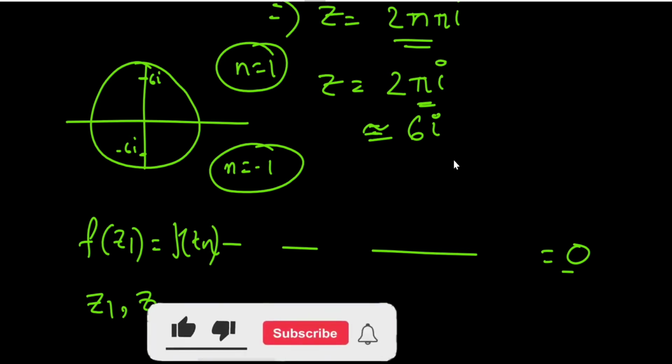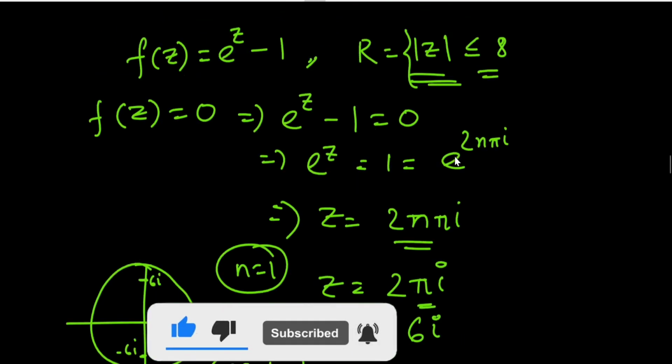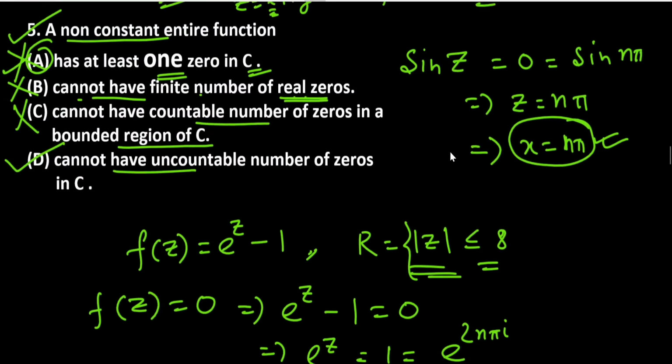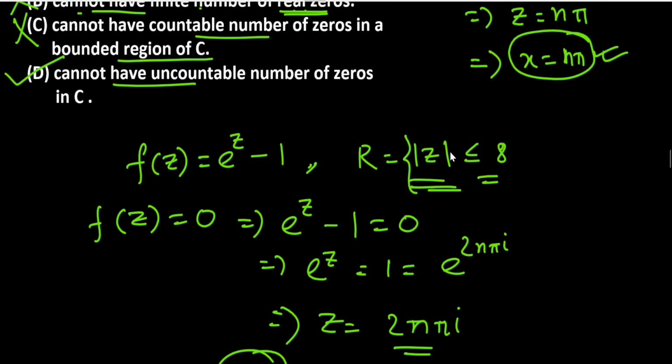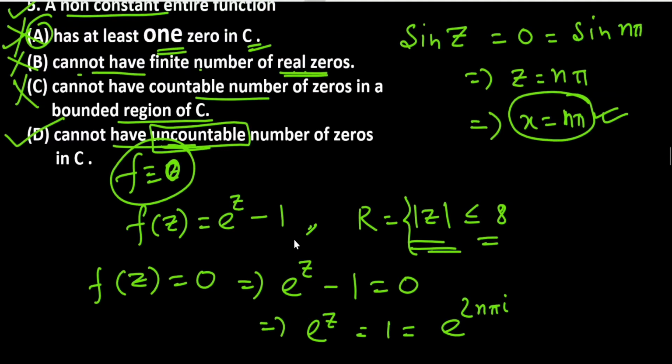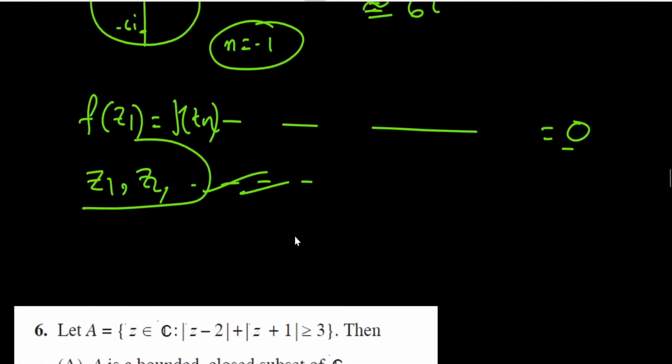And if the limit points of these lie throughout C, then by the identity theorem you can say f(z) is identically 0. Therefore the zeros of a non-constant entire function are at most countable. So this is the question.